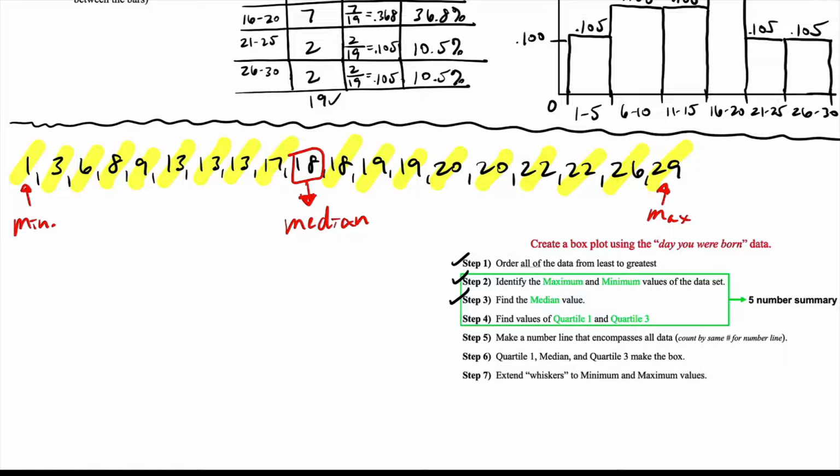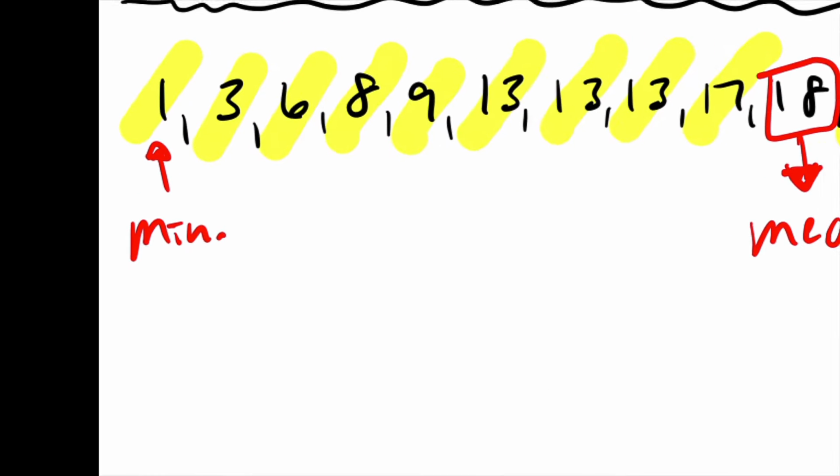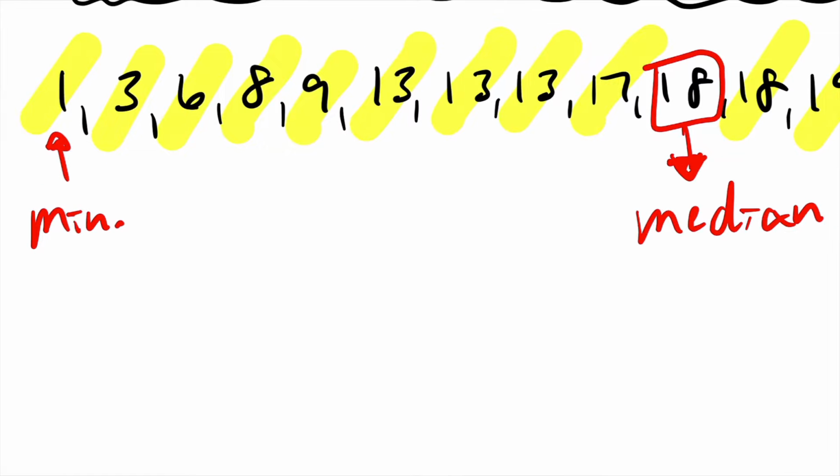Step 4, got to find something called quartile 1 and quartile 3. Quartile 1 is actually the median, but it's the median of the lower half. So everything below the median. I don't count the median because it's not below.